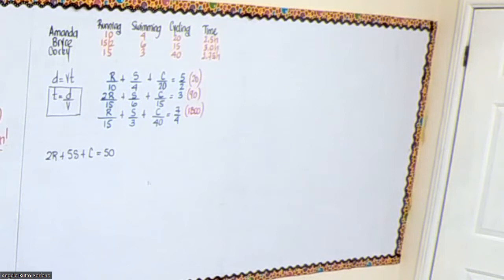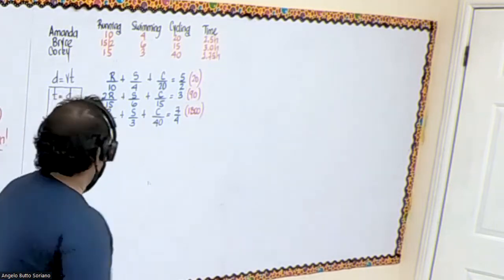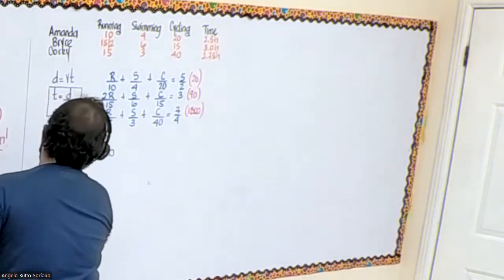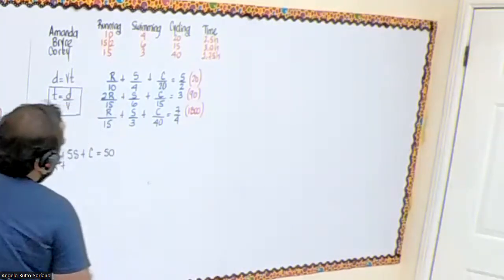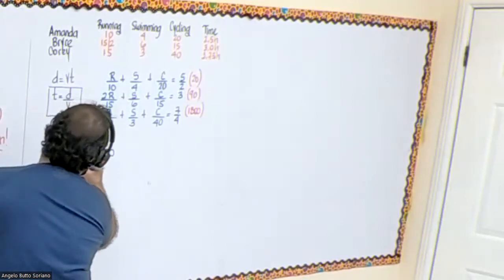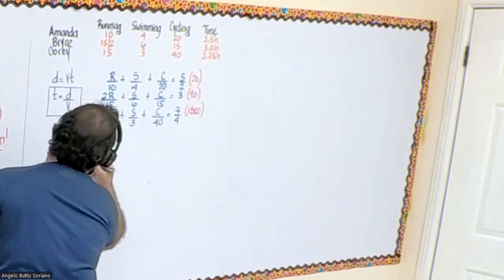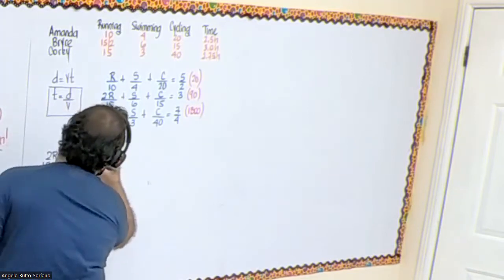All right, the second one. 90 divided by 15 times 2 is 12, right? So it will be 12r plus 90 divided by 6, that is 15, so 15s, plus 6c.